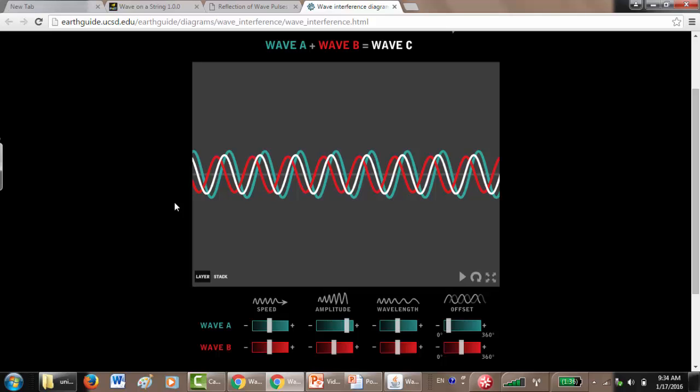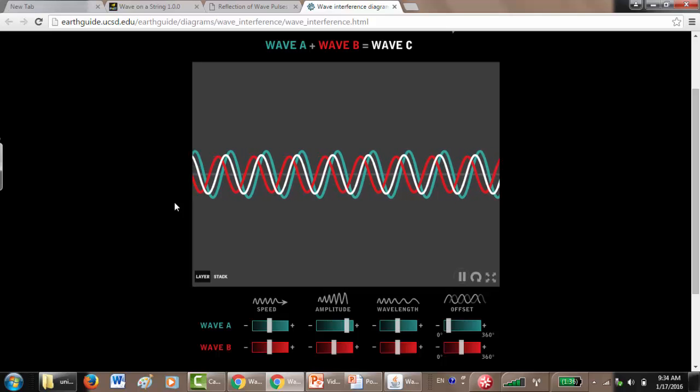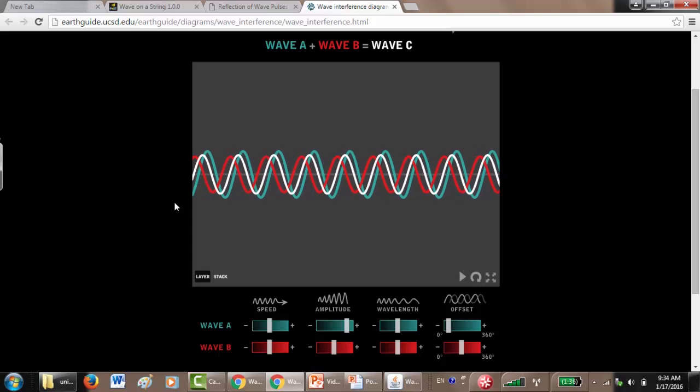So let's say maybe A started before B did. Now you can see that at this point here, the amplitude is still going up because you've still got positive amplitude and a positive amplitude. But at this point, where the red wave, wave B, has reached the rest point, but wave A has not, the amplitude of the superpositioned wave is just that of B.